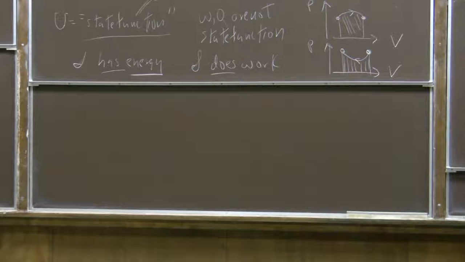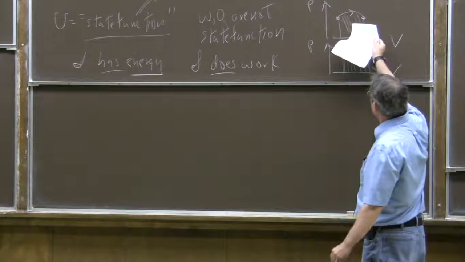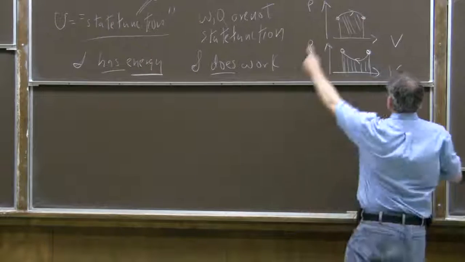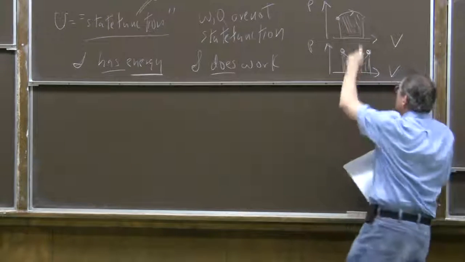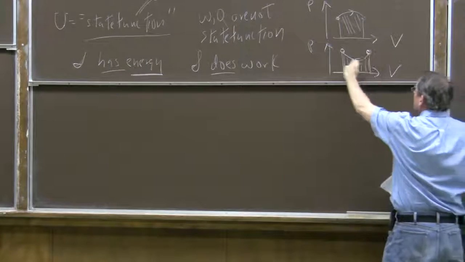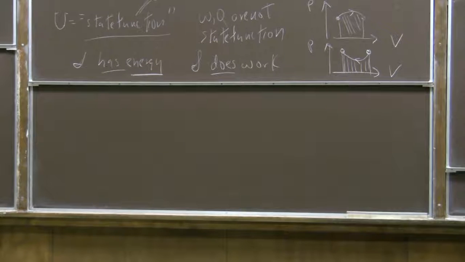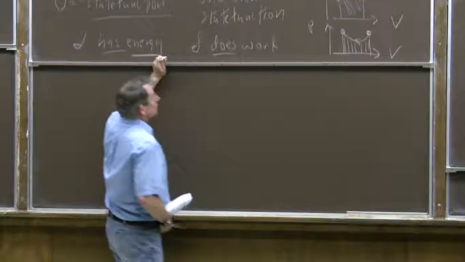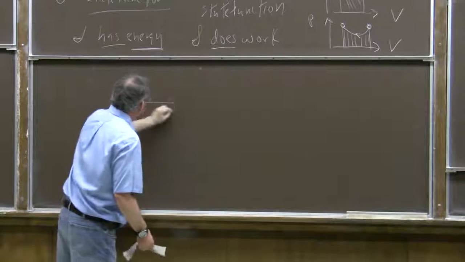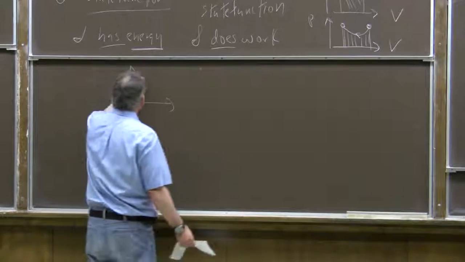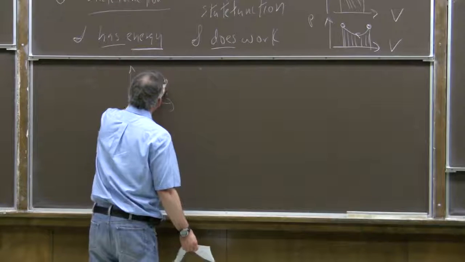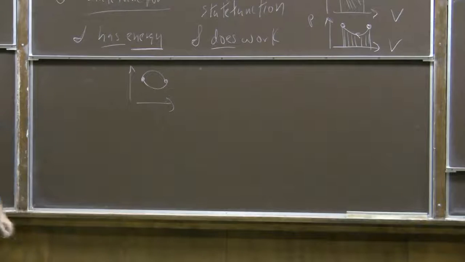If I want to know what the net work is, I take the work that the system does during the first half of the process, subtract away the work that is done on it in the second half of the process. So overall, it changes like that, and then back like that. Okay?